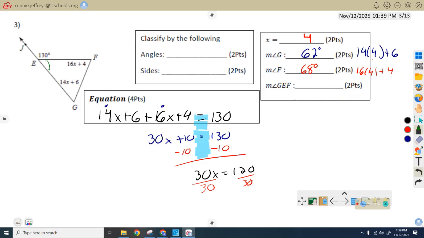This one is 180 minus 130, which is 50. Alright, so this is acute. And again, scalene. By the way, it's easier for me to find more scalene problems than it is any other ones.